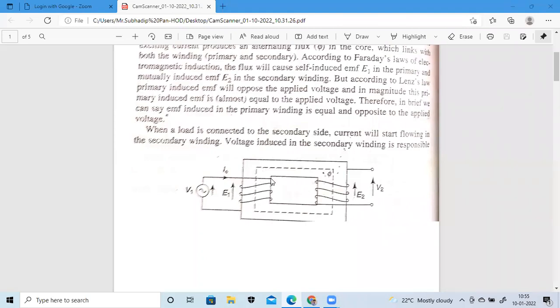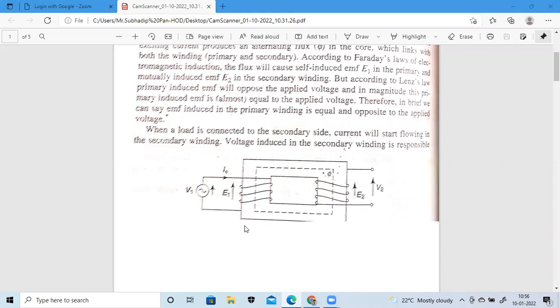How can we represent the flux in instantaneous form? Similarly, a small phi equals phi maximum sin omega t.